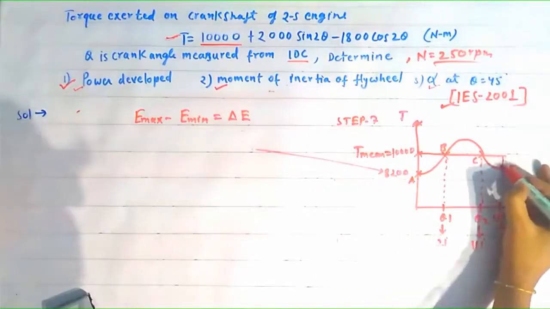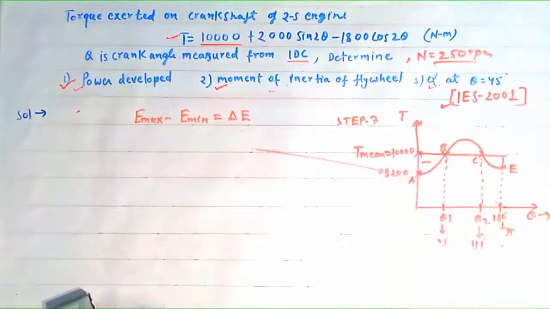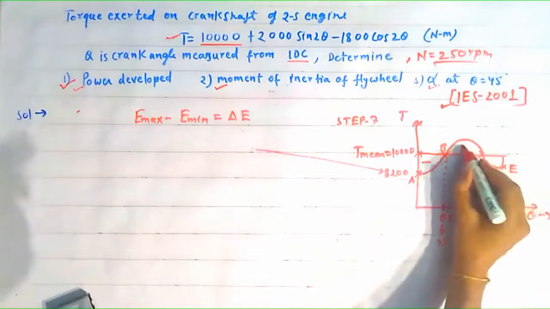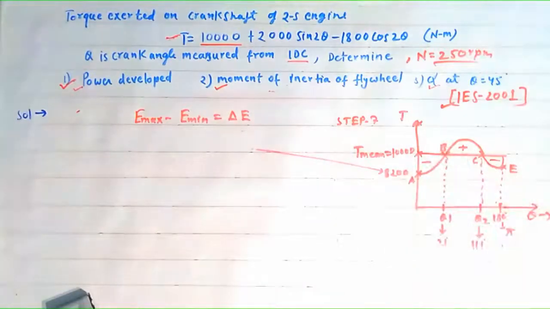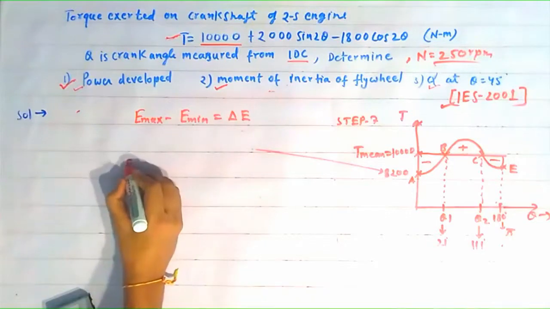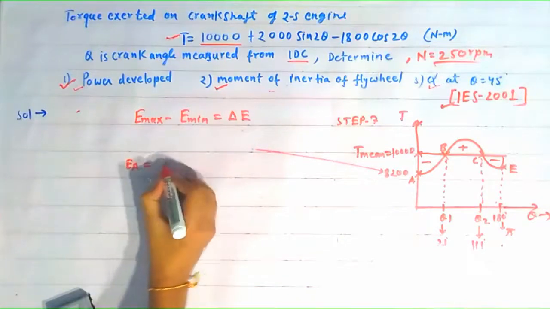Now we know that below the T mean line we denote area by a negative sign, and above the T mean line we denote area by a positive sign. Now energy at A is equal to E, suppose.